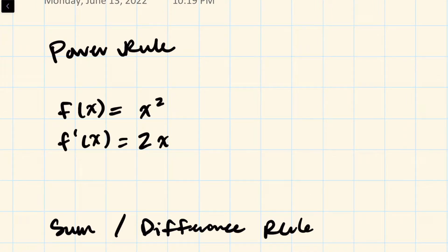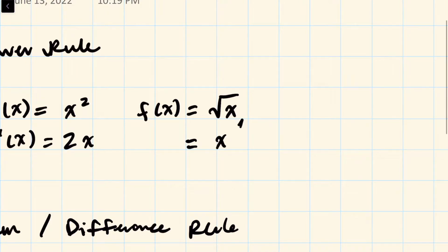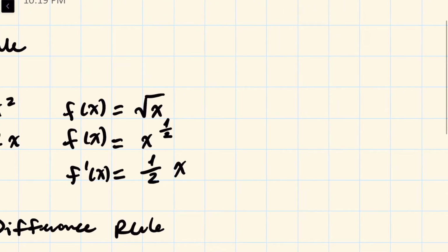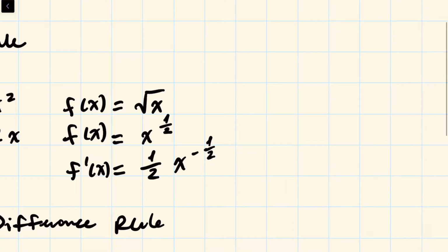Similarly, if we had f of x equals root x, that's like saying x to the power of a half. So you take that exponent, bring it down to the front, and subtract 1 from that exponent. So this is f prime of x, and that's x to the power of negative a half, or you could say 1 over 2 root x.